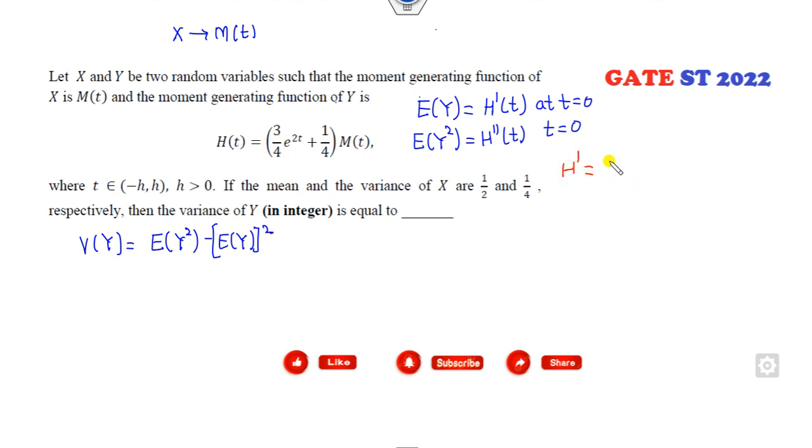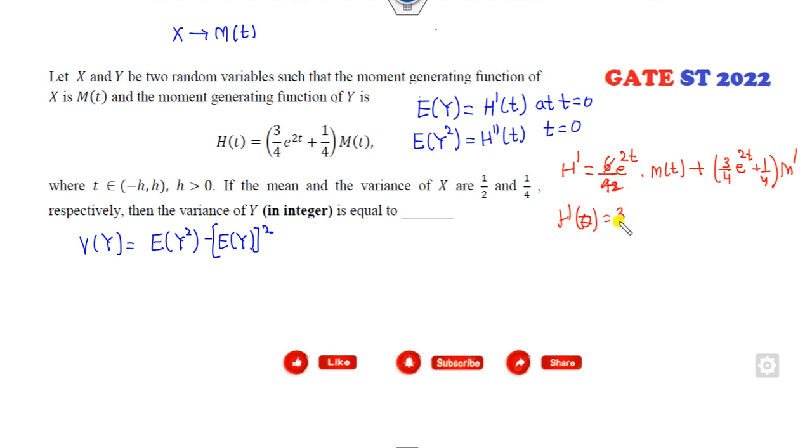So I can use the product rule. It's 6 over 4 e raised to power 2t into m plus 3 over 4 e raised to power 2t plus 1 over 4 into m dash. Fine. Now what is the value of h dash at the point 0?